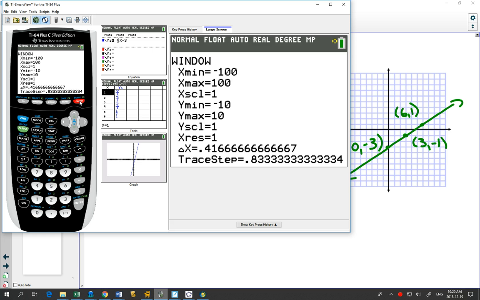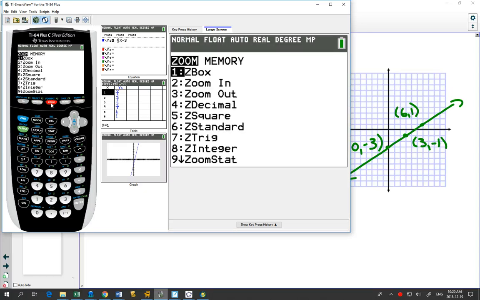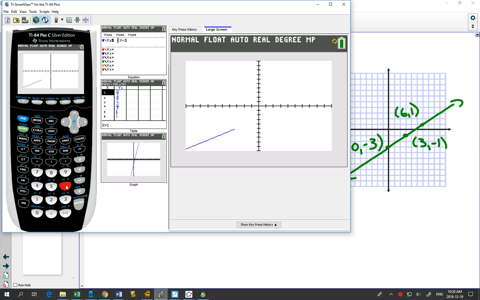And now when I go graph, I have a lot of tick marks, and my graph changes its look because I've stretched out the way that I look at it, because now my x goes from negative 100 to 100. So often if you've changed your window, it's nice to push your zoom button and go back to number 6, the standard window, which goes from negative 10 to 10.